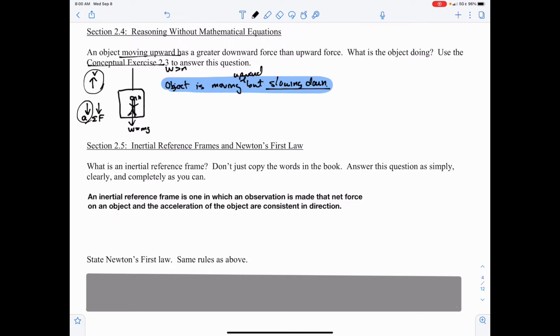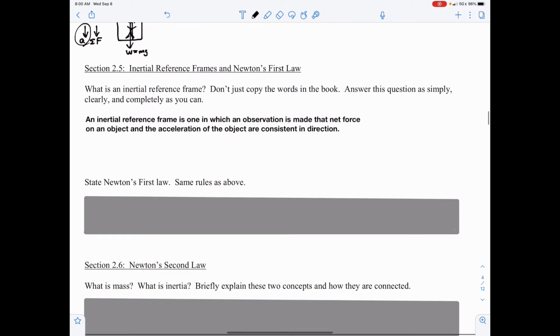So from the perspective of a person outside the car, their point of view would be an inertial reference frame. So an inertial reference frame, again, is one in which the observations made about the net force and the observations made about the acceleration are consistent with each other, because acceleration and net force should always be going the same way.